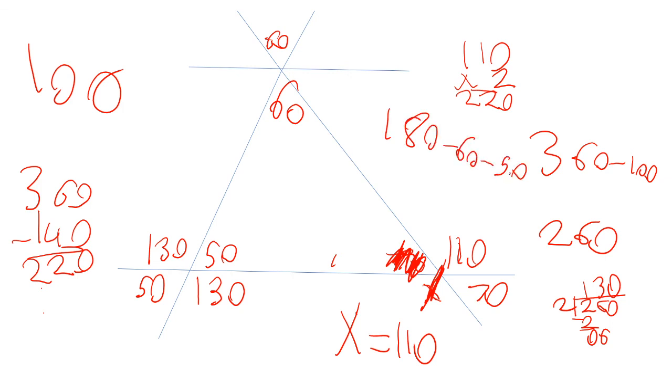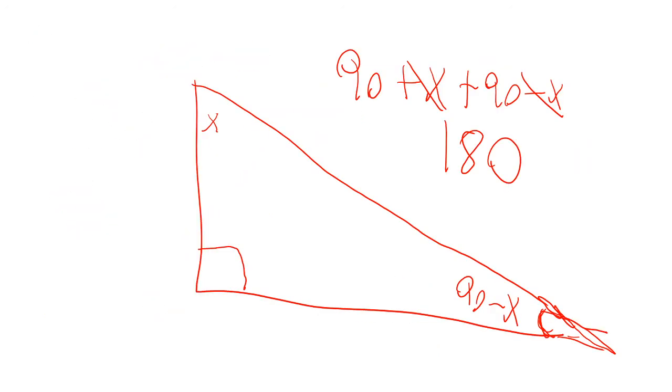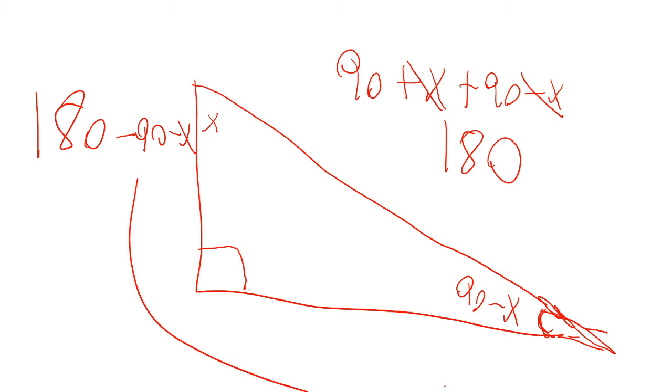Especially if the 50 was a variable like x, it's simpler. You can just subtract off the 60 and subtract off the x. That's what we did over here. We took 180, subtracted off the 90 and then the x, and then we got to right here.